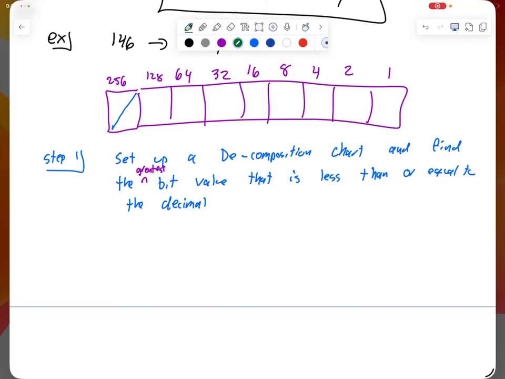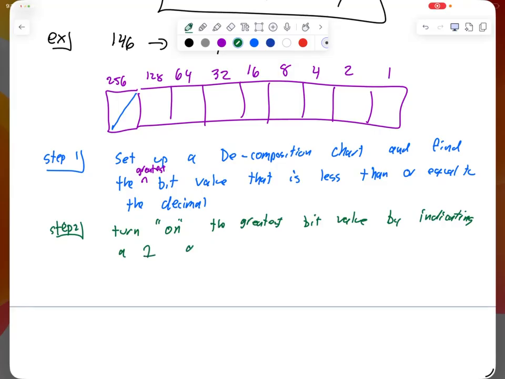Step 2: Subtract. I'm going to put "turn on" in quotation marks: turn on the greatest bit value by indicating a 1 and then subtract from the decimal.